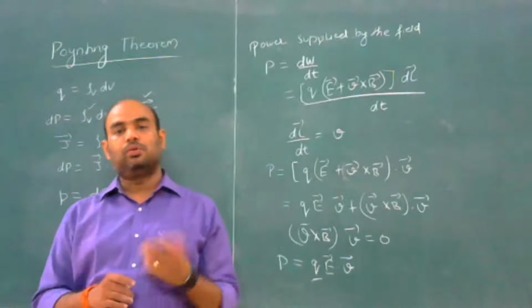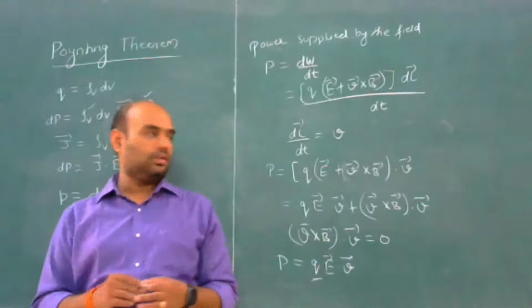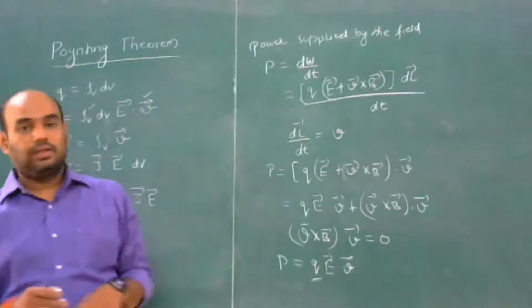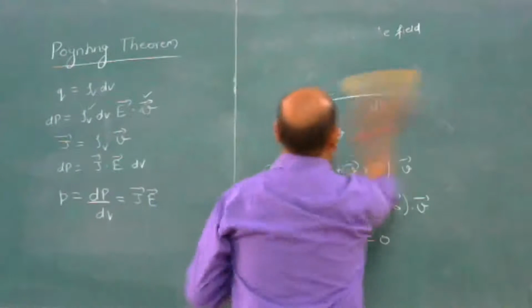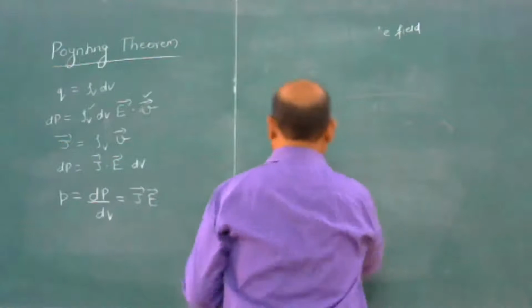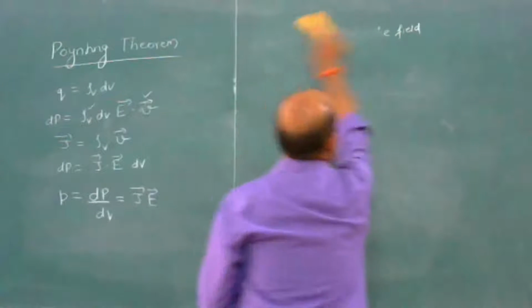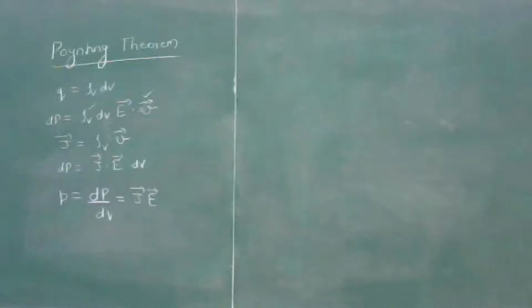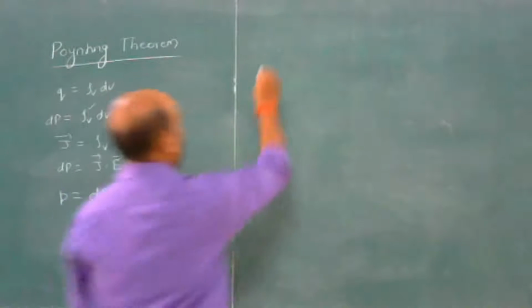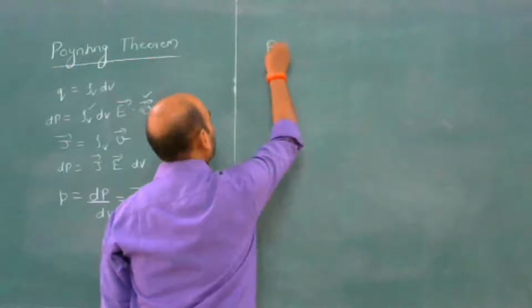So we will use Maxwell's equation to find this Poynting vector. From Maxwell's equation, we will derive Poynting theorem.